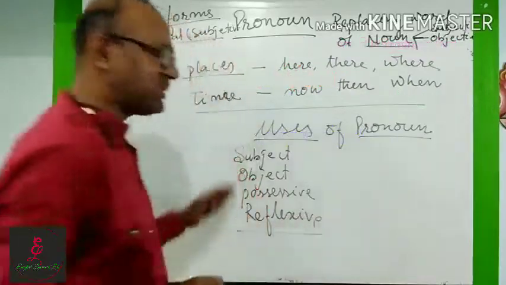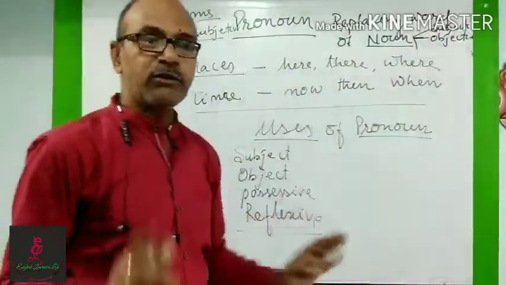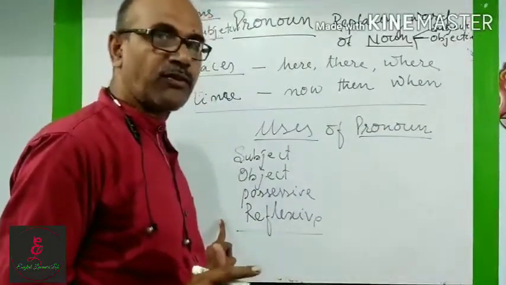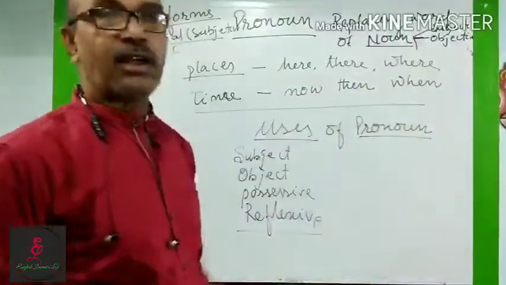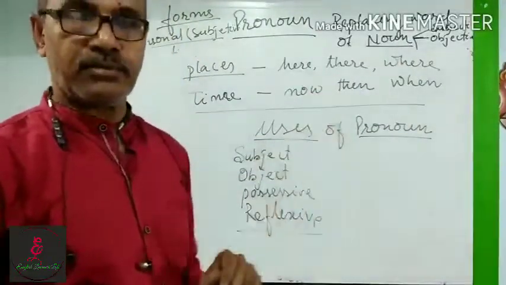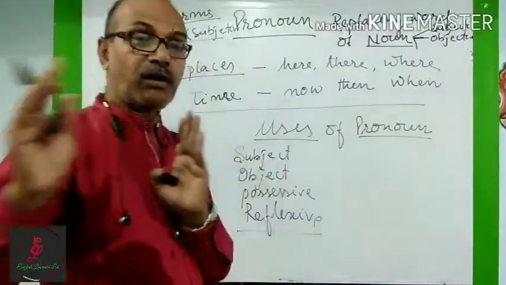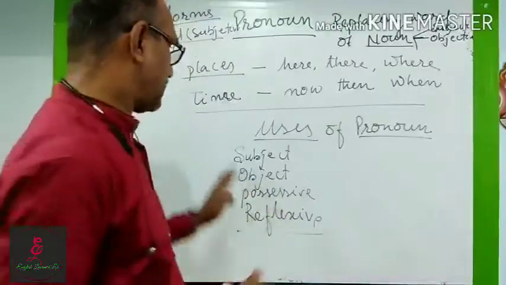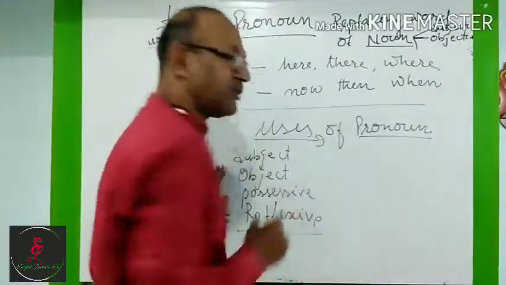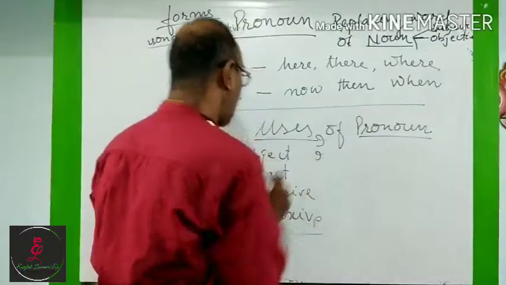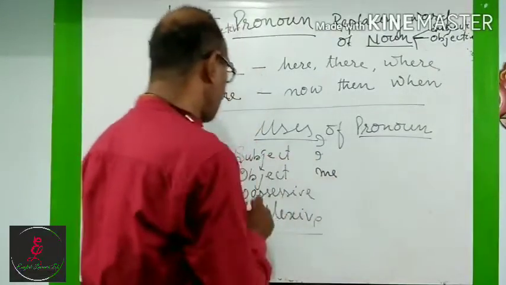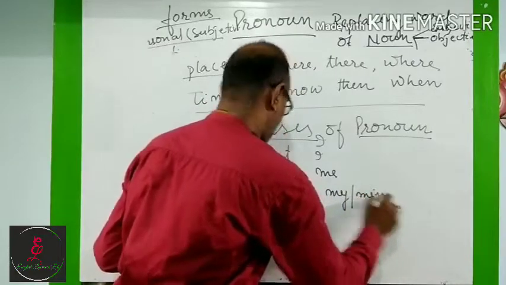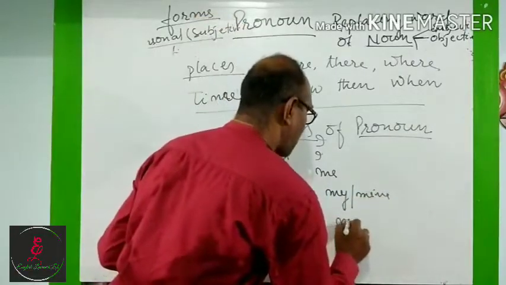So, how easy it became with the use of the table. Now, it is very clear that there are only 4 uses of a pronoun, and that is clearly understood from that table. But in these different uses, their forms are different. Suppose for I, when we use I, the subjective form is I, objective form is me, possessive form is my or mine, and reflexive form is myself.